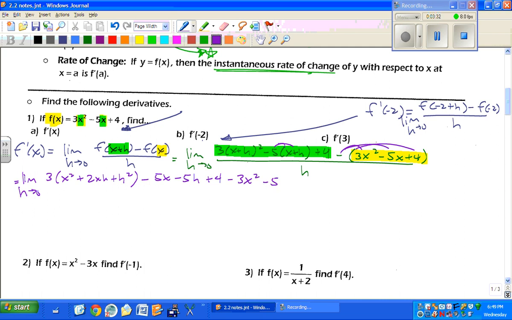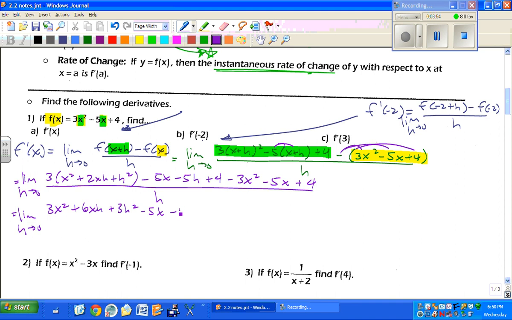Minus 3x squared minus 5x plus 4. All over h. One more thing to distribute. We can distribute this 3 in. We get 3x squared plus 6xh plus 3h squared minus 5x minus 5h plus 4 minus 3x squared minus 5x plus 4 all over h.